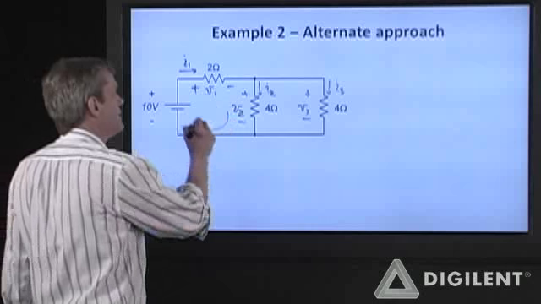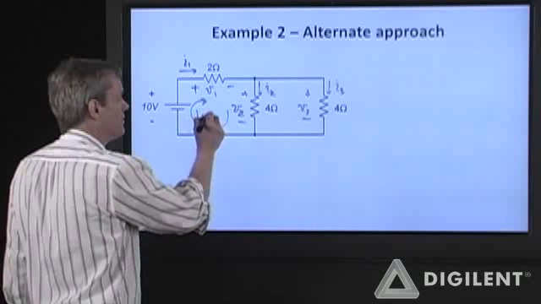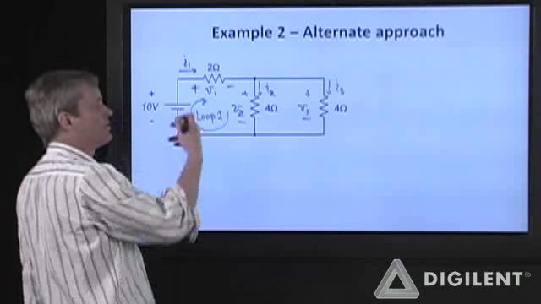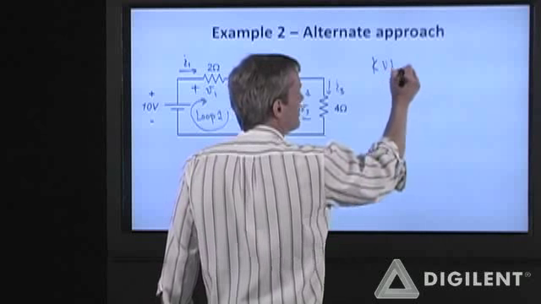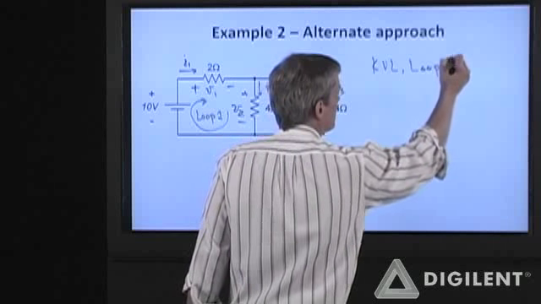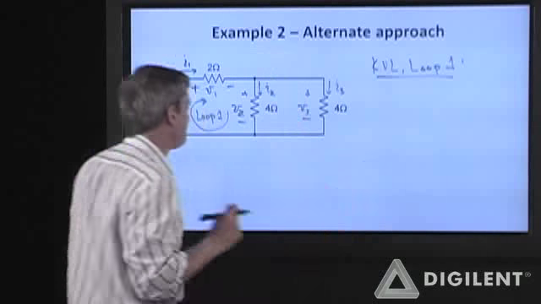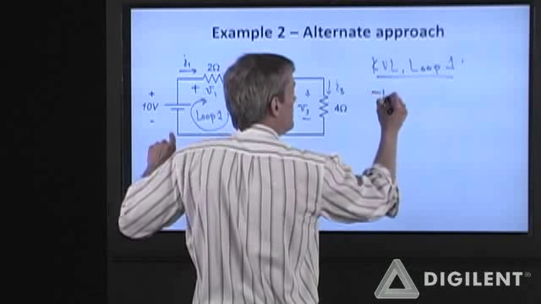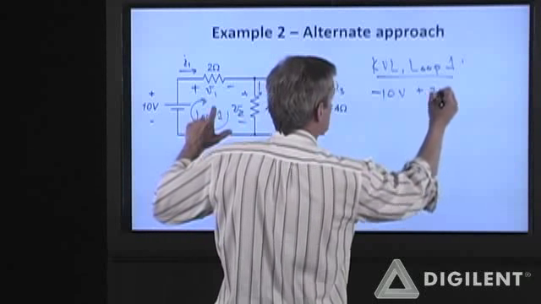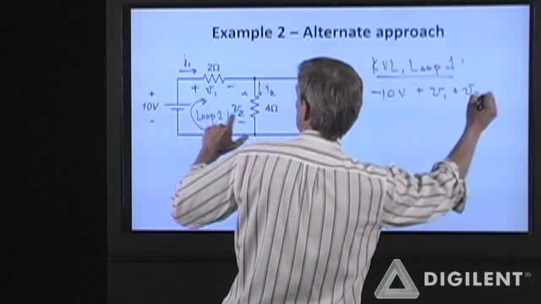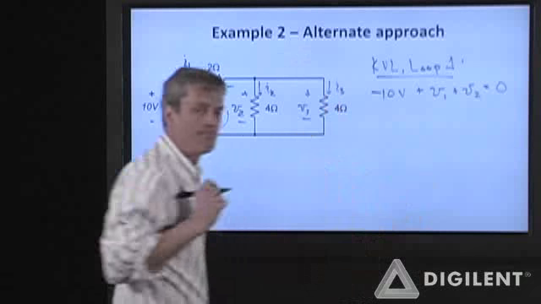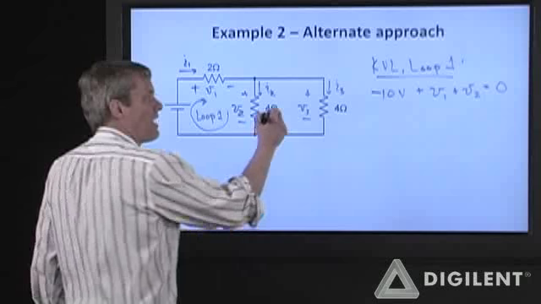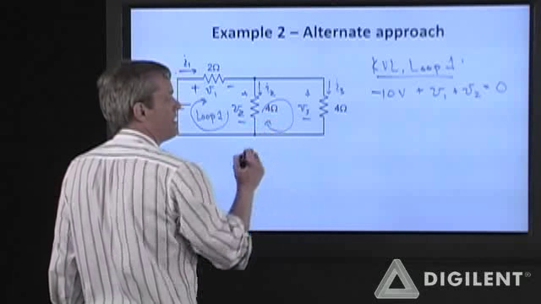Oh, I still like this loop. I'm still going to do loop 1. It'll give me the same result I got before. Negative 10 volts plus V1 plus V2 is equal to 0. Well, how about if I loop around this little guy here?